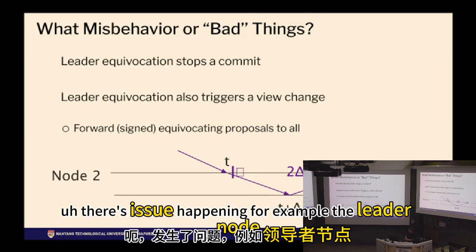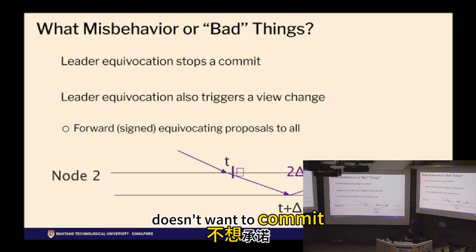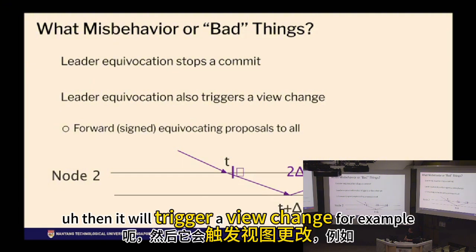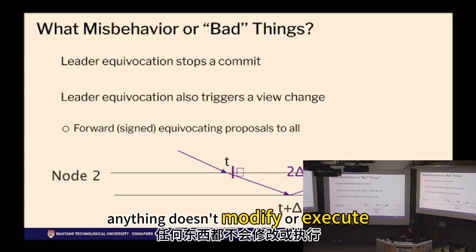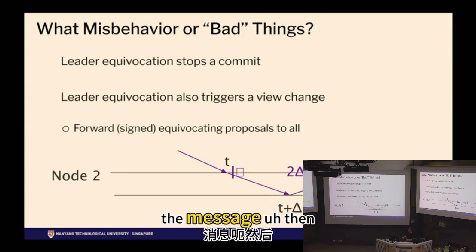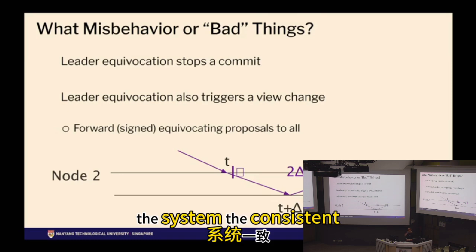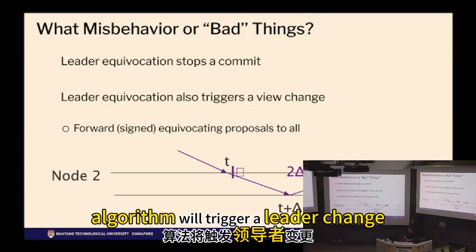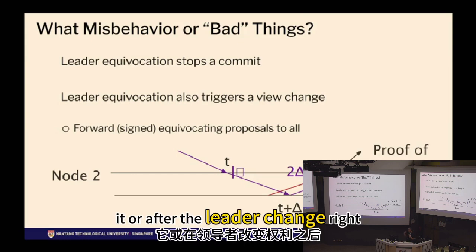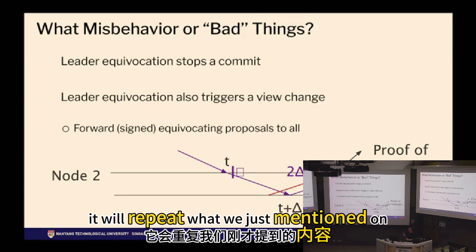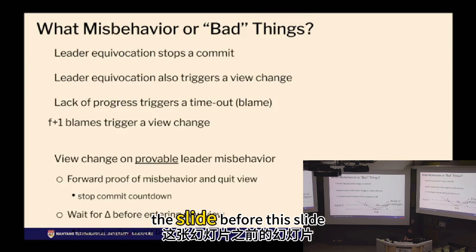If there's an issue, for example the leader node doesn't want to commit, then it will trigger a view change. For example, after waiting 2 delta time, if the leader doesn't commit anything, doesn't modify or execute the message, then the consensus algorithm will trigger a leader change. After the leader change, it will repeat what we just mentioned on the slide before this one.